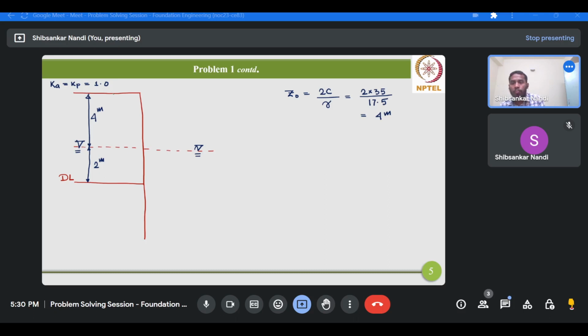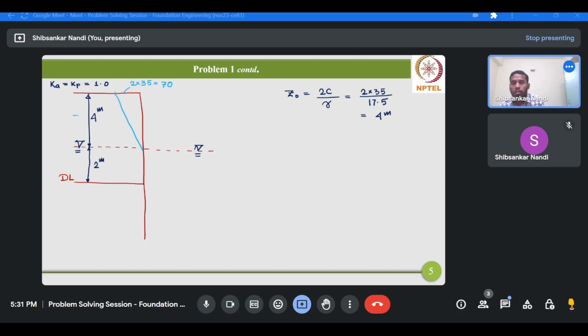Okay, so it will first start from some value, which is 2 multiplied by 35, that is 70, and then this becomes 0 at a depth of 4 meter.